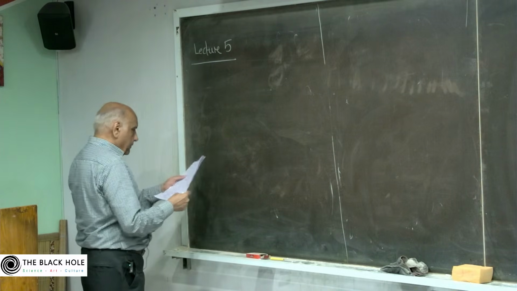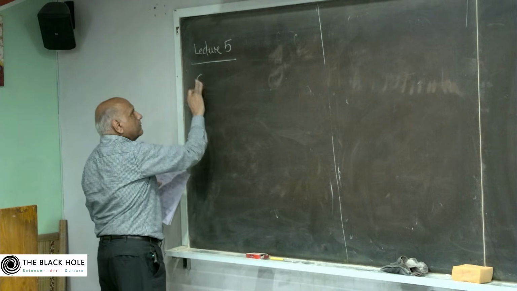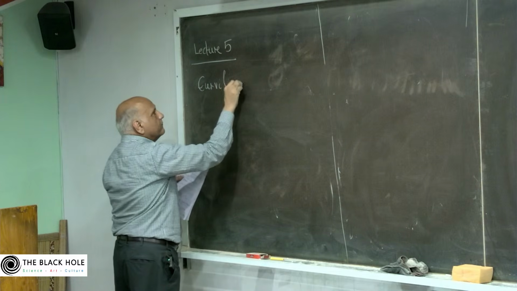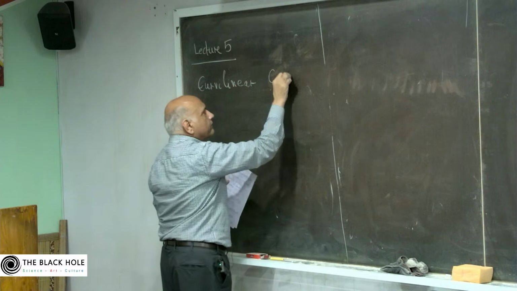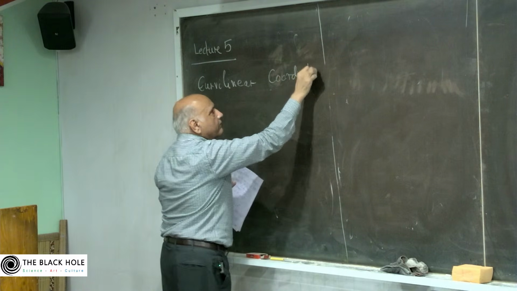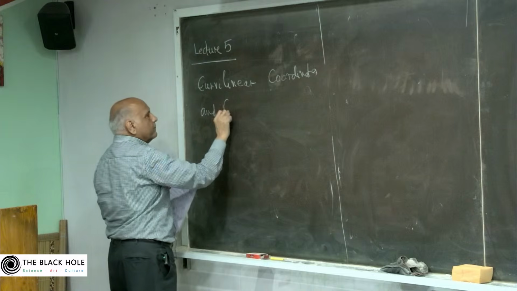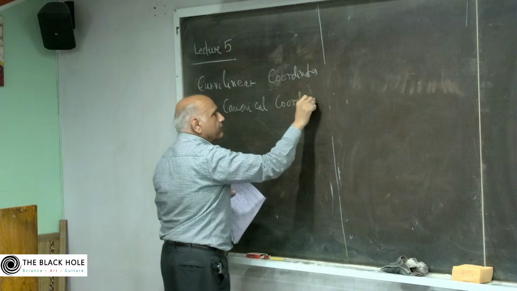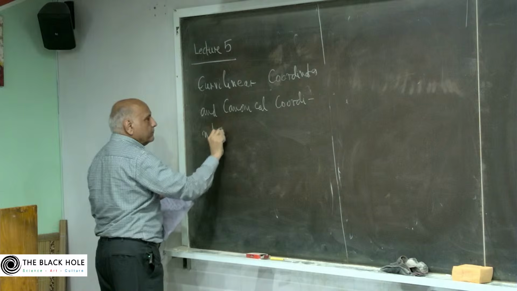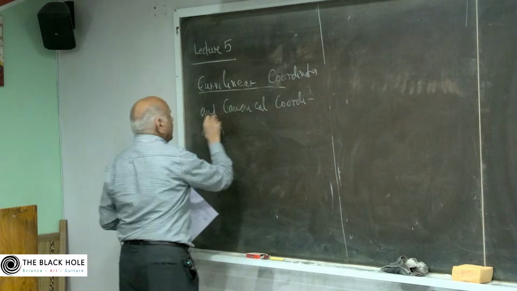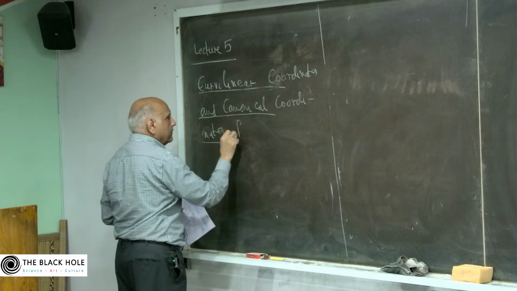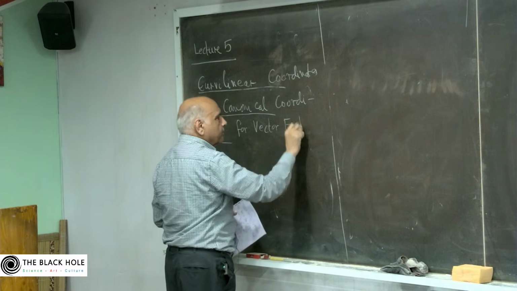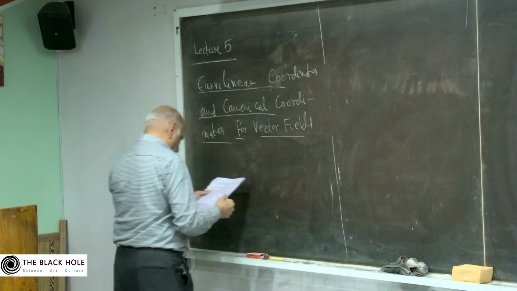So this is curvilinear coordinates, and canonical coordinates for vector fields.